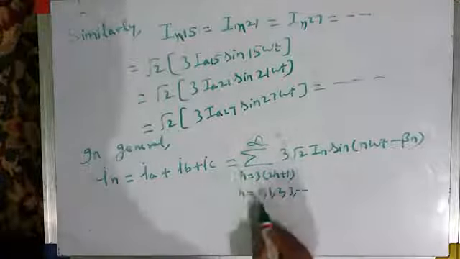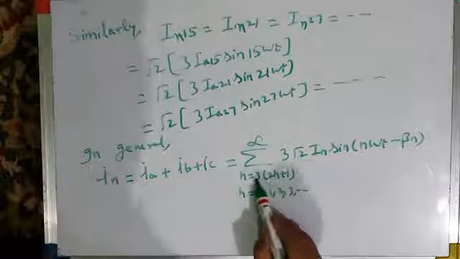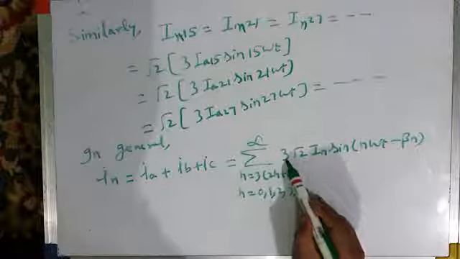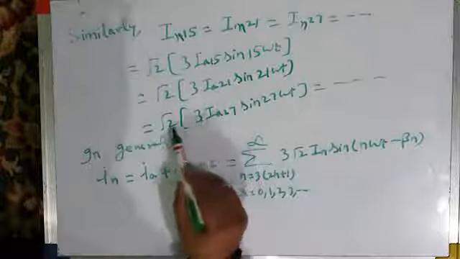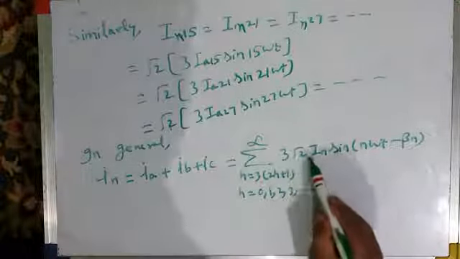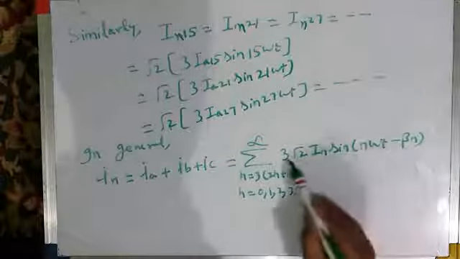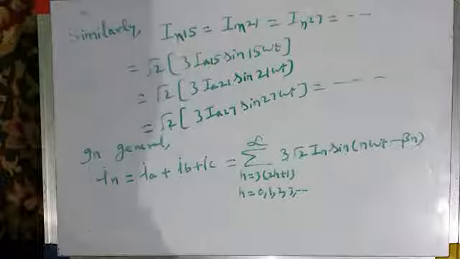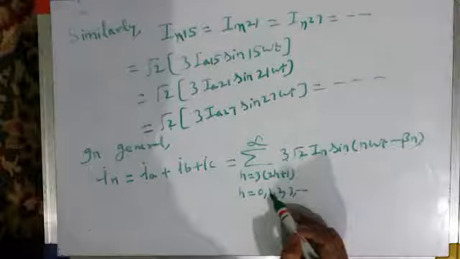Now put h equal to 0. When h is equal to 0, 3 into 1 is 3. So n equal to 3, and this will be 3 root 2 I3 sine of 3 omega t minus beta 3.